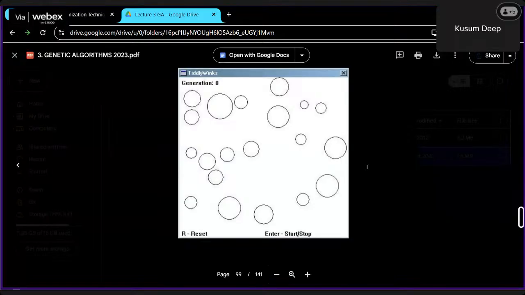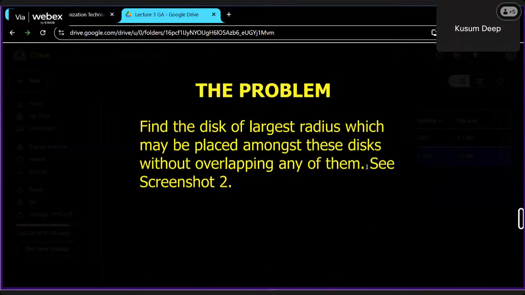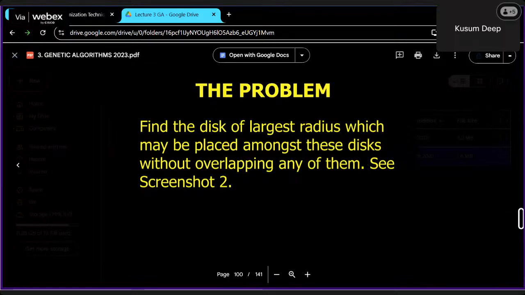Now, the problem lies in the fact that we want to find the circle of largest radius which may be placed among these disks without overlapping any of them. So can you think of a model?